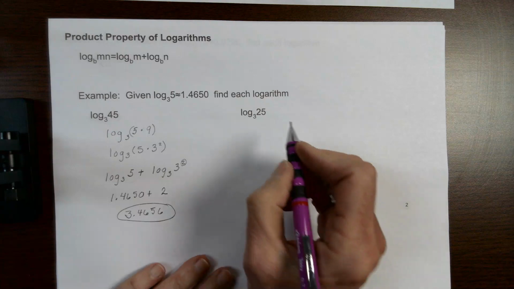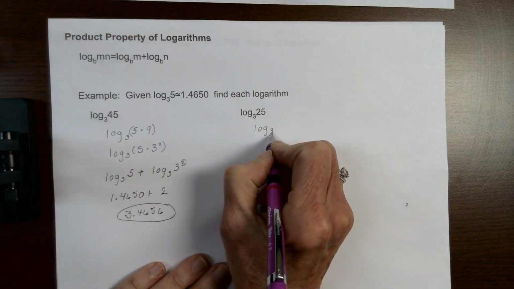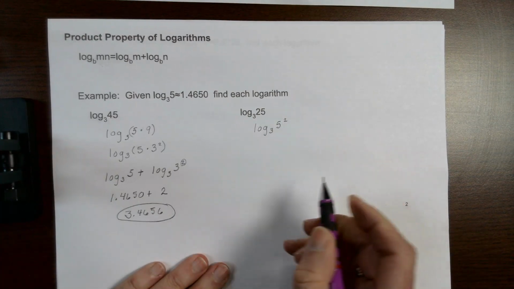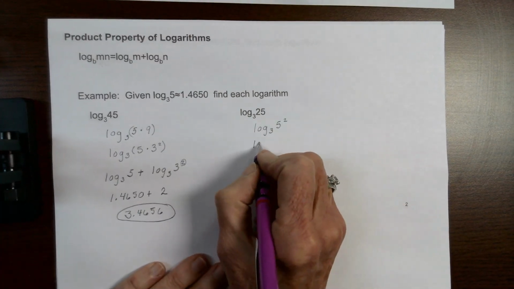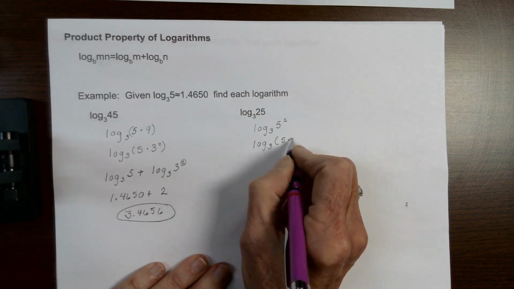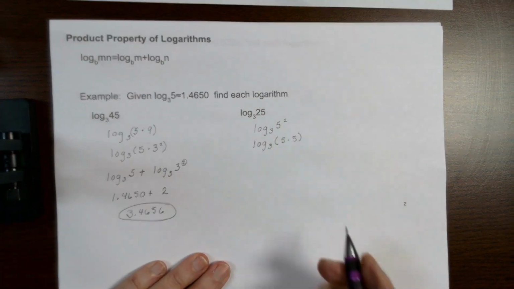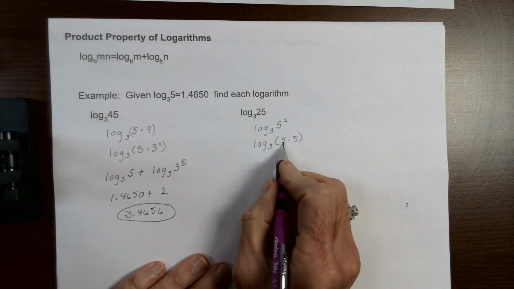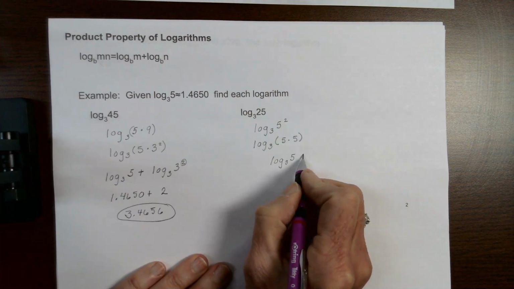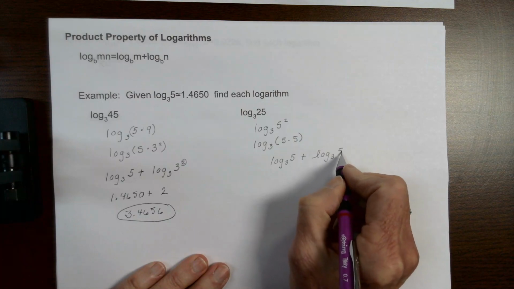All right, if I did this one, I could write this as the log base 3 of 5 squared, or another way of putting that is the log base 3 of 5 times 5. So then I'm going to take that multiplication and change it in terms of an addition. So I have a log base 3 of 5 plus a log base 3 of 5.